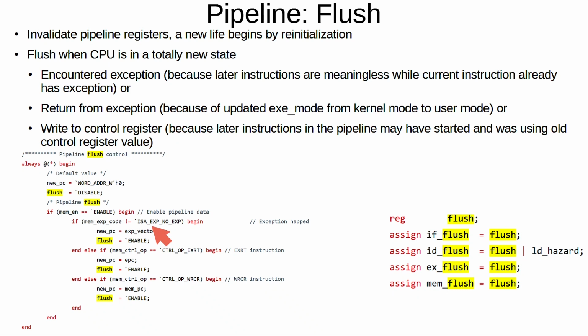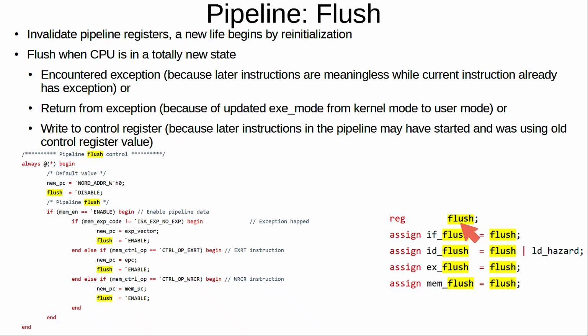So in the write back stage, this is to check whether we have encountered any abnormal exception. And if not, then we check whether we have a return from exception instruction, or we have the write to control register instruction. If any of this is true, then we need to flush.